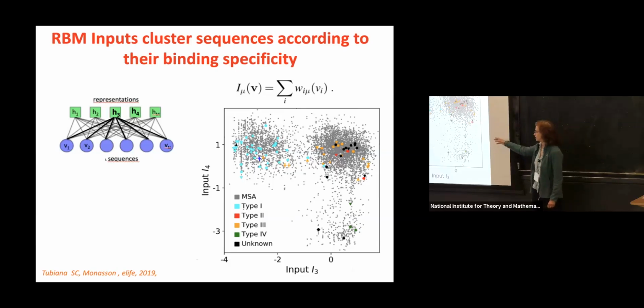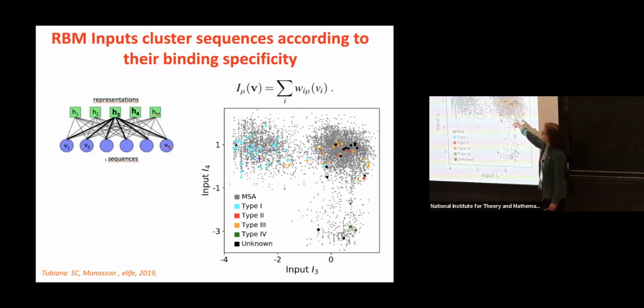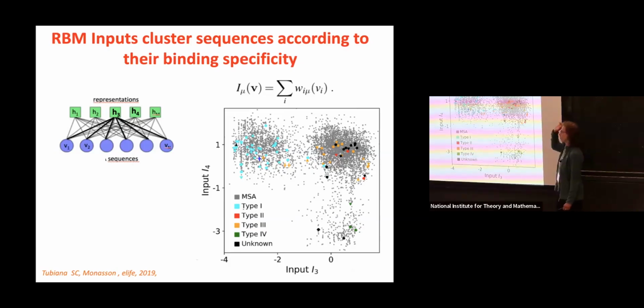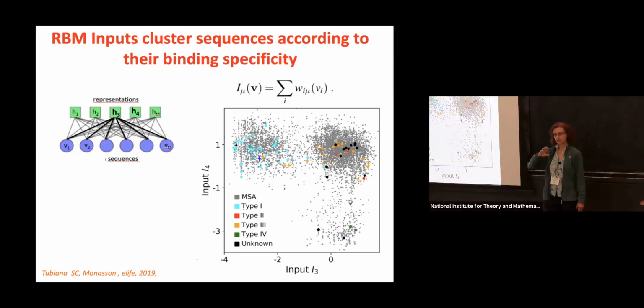And here, in this protein, we had a number of hidden units of the order of the number of amino acids. And you see that we are in a regime in which you can interpret the weights, in particular these 2 weights, nicely, as really what the amino acids are which are important, the binding motif for the ligand.